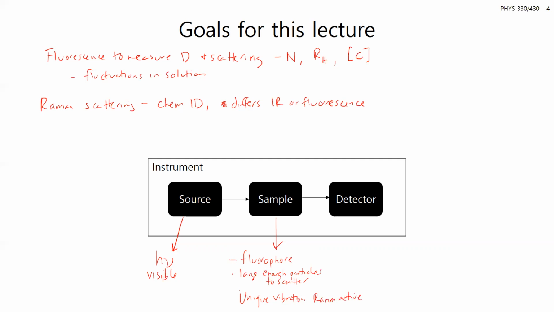So these are for the 3 different methods we'll talk about today. And again, we're still detecting photons. It's going to be some type of photodetector. And it's either going to be from the emitted photons from fluorescence or scattered photons from the source. So again, it's not going to be like the UV vis where those are the same photons.